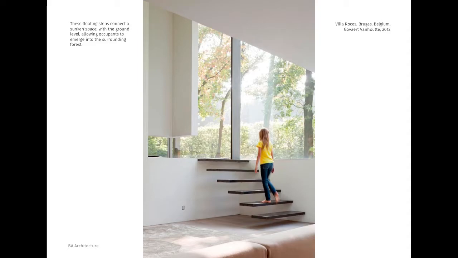Likewise here, we have a semi-sunken room in this building. The design intention here is that you've got this kind of forest exterior, and then you submerge yourself from that into this kind of cocoon-like interior space, and you emerge from that cocoon-like space by traversing up and down these steps.